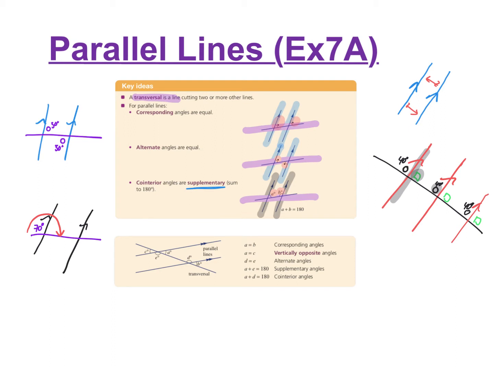Does anyone know? 180. Good. We know that the corresponding spot is also 70. But because we knew this added up to 180, I'm going to say that this angle in here is 110, because it's got to add up to 180.